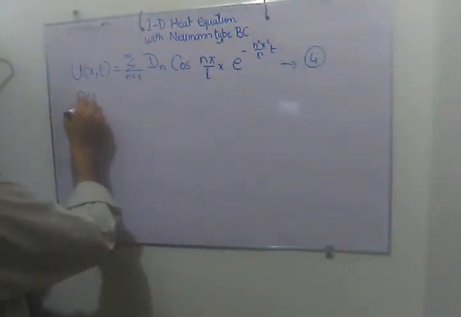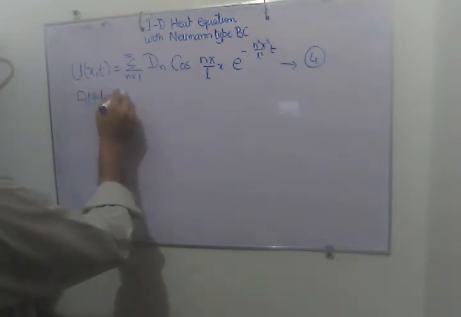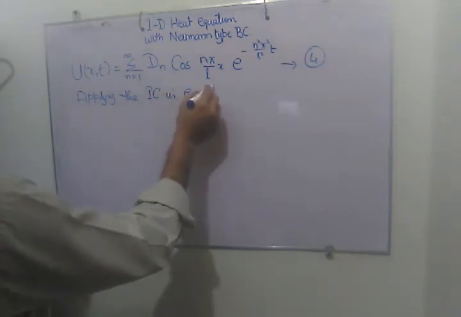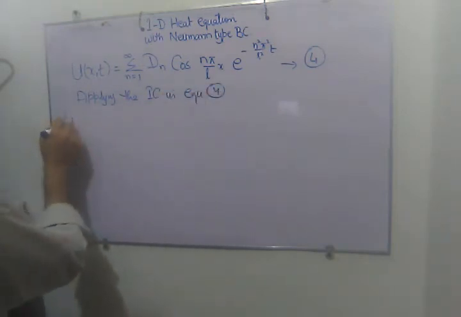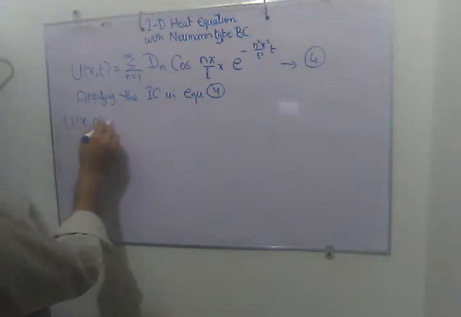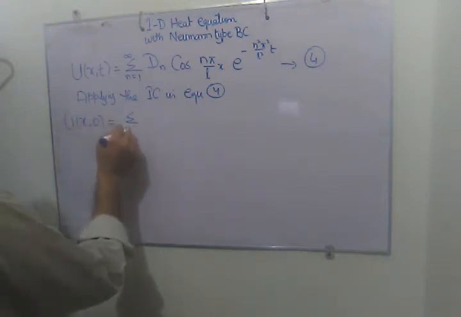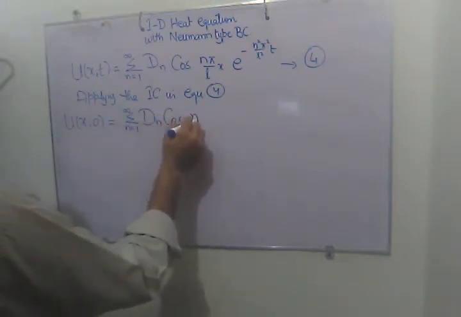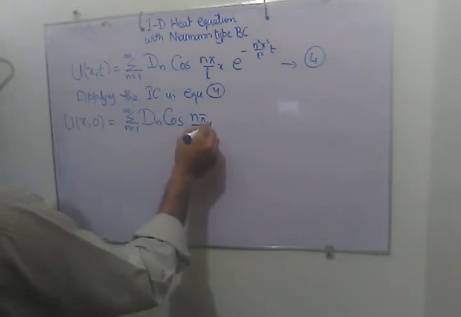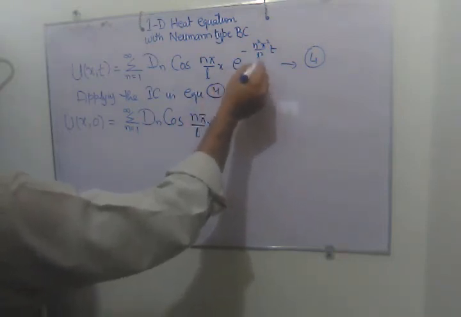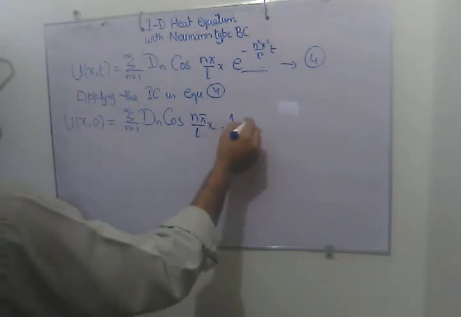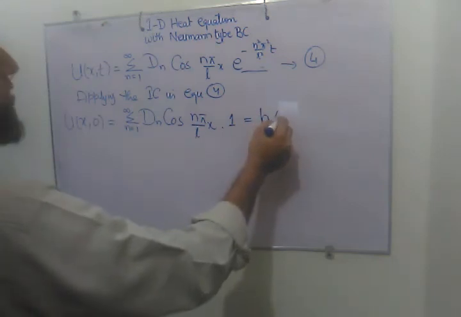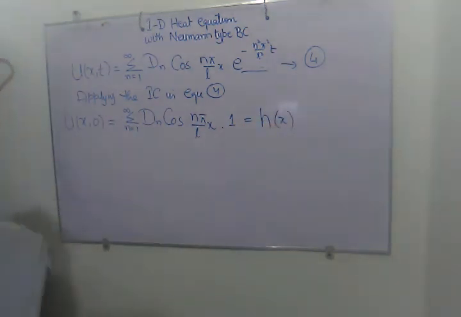Applying the given initial condition in equation 4, it becomes u x 0, because t is equal to 0 for the initial condition, is the sum from n is equal to 1 to infinity d n cos n pi upon L x, and this exponential becomes 1 when t is equal to 0, and this whole u x 0 is h x.